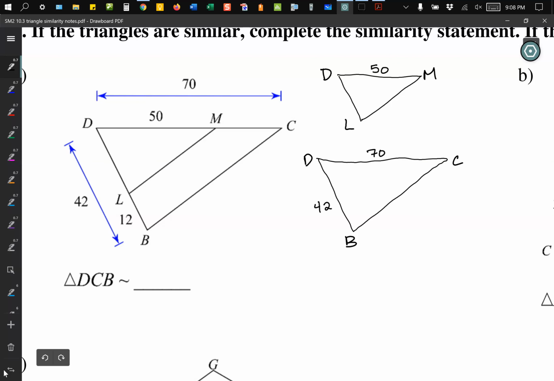Well, this 12 is only a piece, but if this whole side is 42 and this piece is 12, I can do 42 minus 12 to get this other piece here. So 42 minus 12 will tell me what DL is.